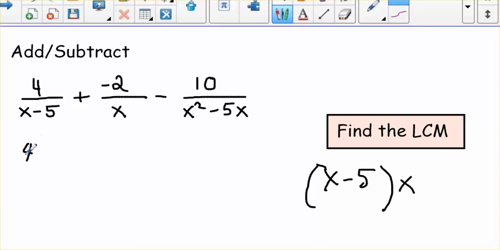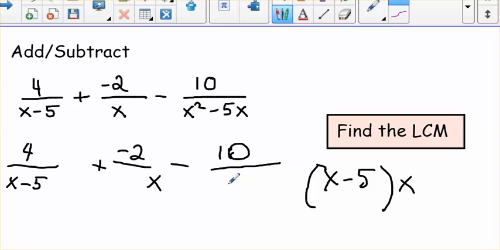I'll take my time and do this better. 4 over x minus 5 plus negative 2 over x minus 10 over x times x minus 5.